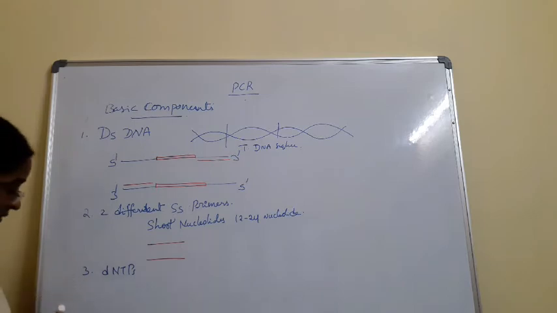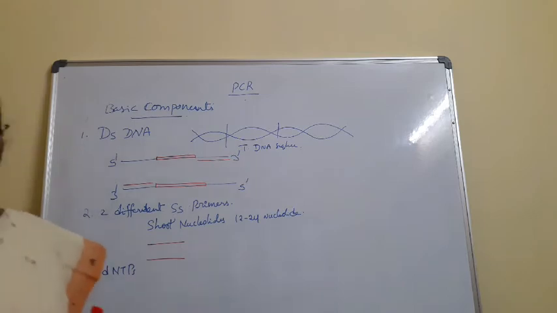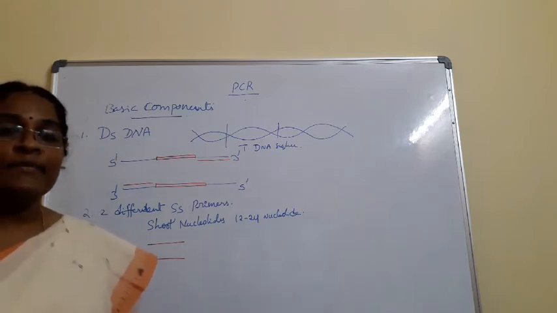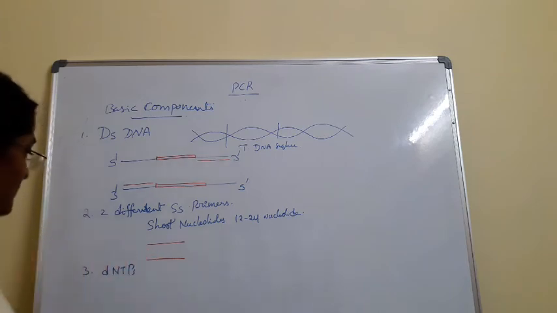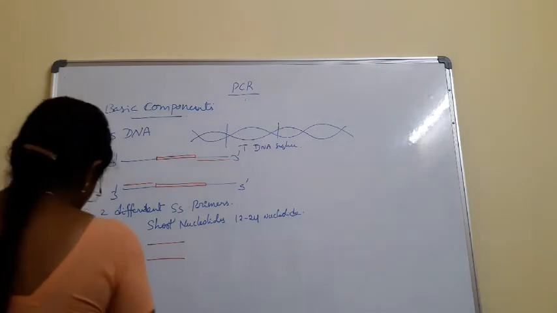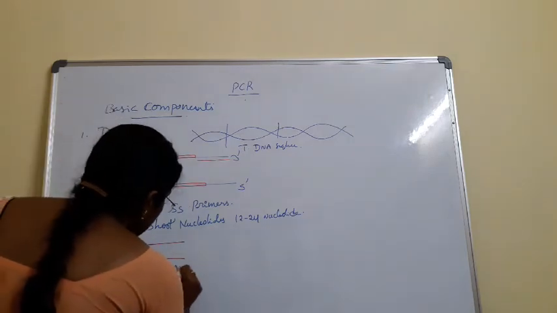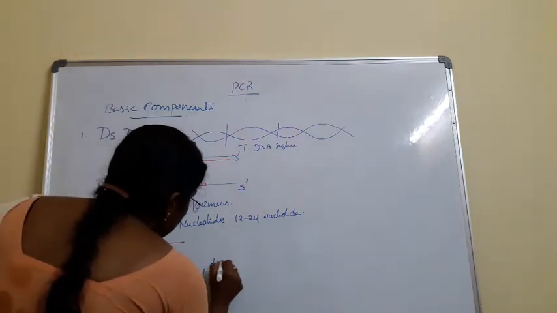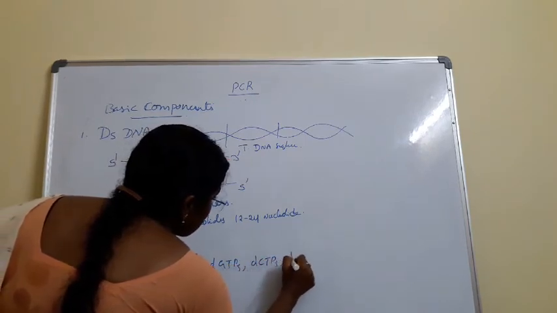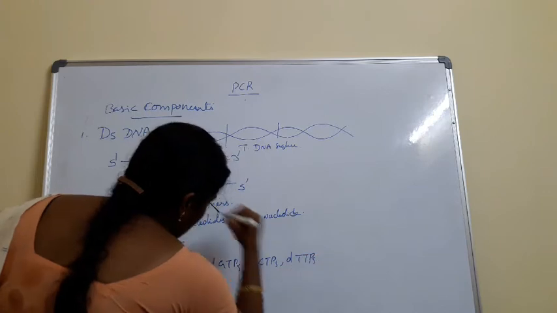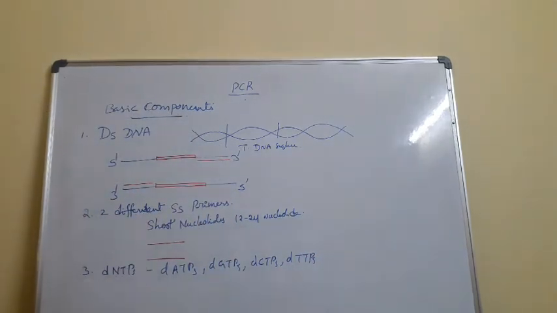These dNTPs will be used by the enzyme DNA polymerase for the synthesis of the new DNA strand. Here the 4 types: dATP, dGTP, dCTP and dTTP. These are the 4 nucleotide triphosphates.